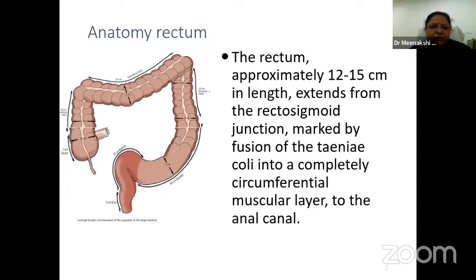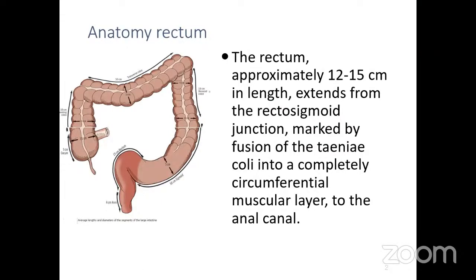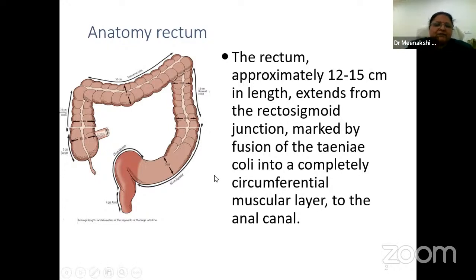Before directly going to the topic of rectal prolapse, it is very important for us to know about the anatomy of the rectum. As everybody knows, the rectum is approximately 12 to 15 centimeters in length, marked by the fusion of the tinea coli into a completely circumferential muscular layer up to the anal canal.